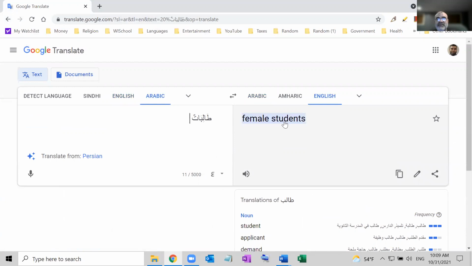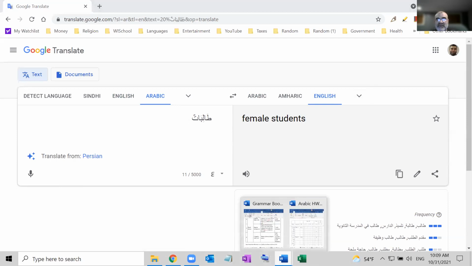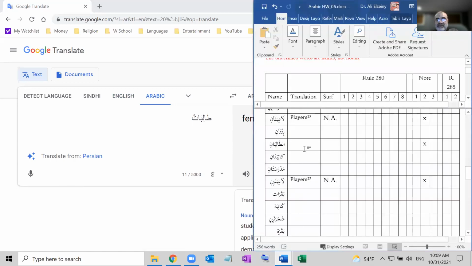It translates as female students. So I'll just be using students. For me, I don't have to write female students. I can just write students and 3 plus F.